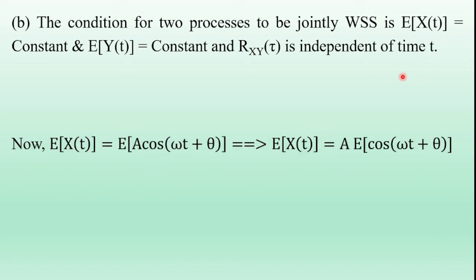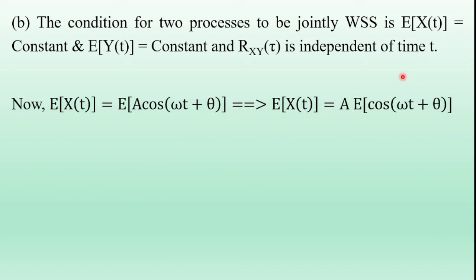So now calculate the expectation of x of t and the expectation of y of t. First, calculate expectation of x of t. Here x of t is given as a cos of omega t plus theta. Theta is the uniform random variable and a is constant, so it is written before the expectation, which is a times expectation of cos of omega t plus theta.